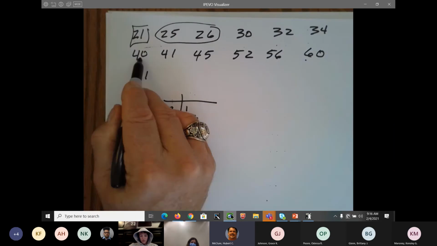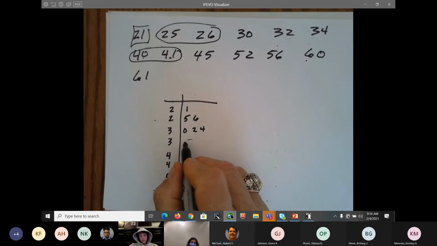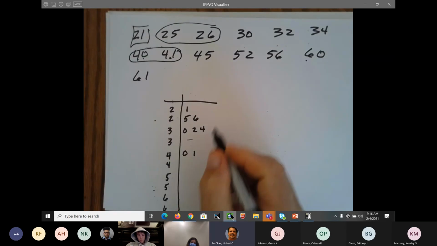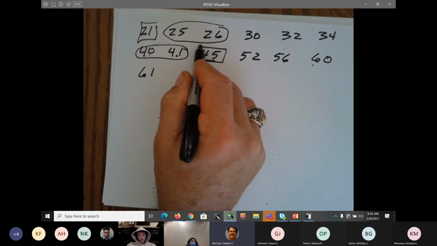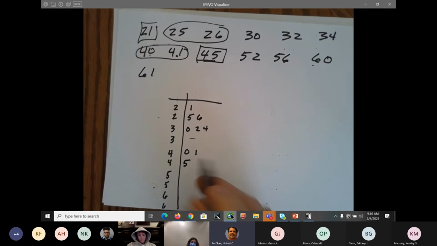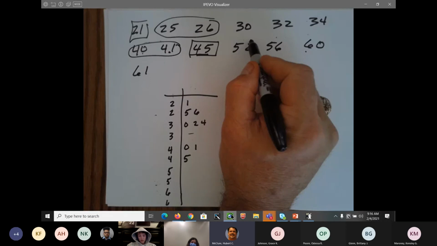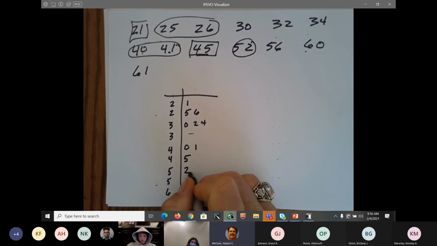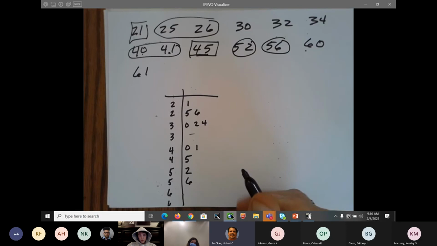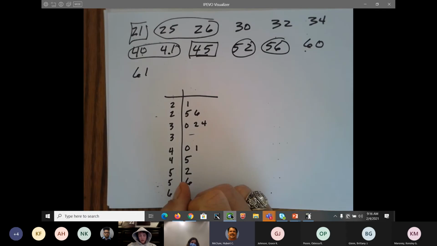I have a 0 and a 1. 0 and 1, and then I have a 45, so that 5 goes there. 52, 2 goes there, 6 goes there, and 0 and 1 go there.